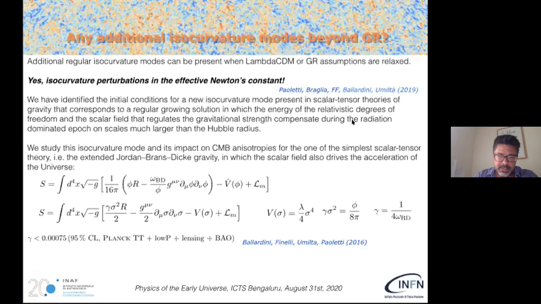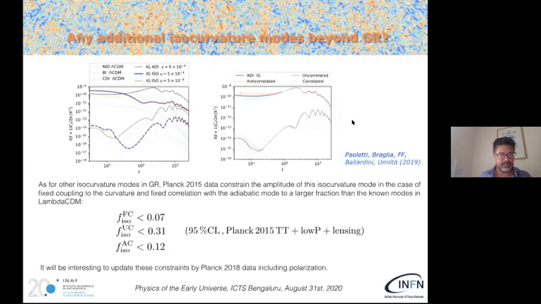This is a new isomode which can be identified, and its effect on the CMB temperature power spectrum studied, finding that there are differences with respect to the adiabatic mode in this theory at multipoles smaller than, let's say, 100, 200.